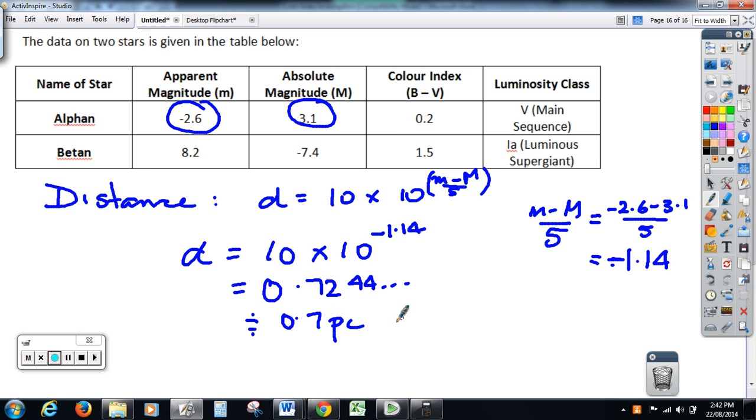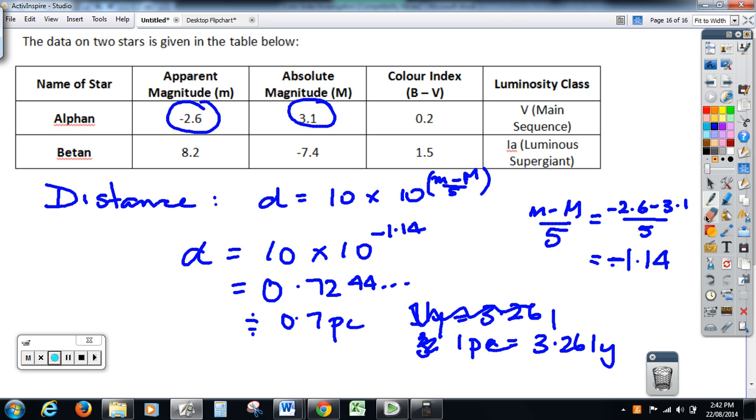I can also work out how many light years away, because I know that 1 parsec equals 3.26 light years.